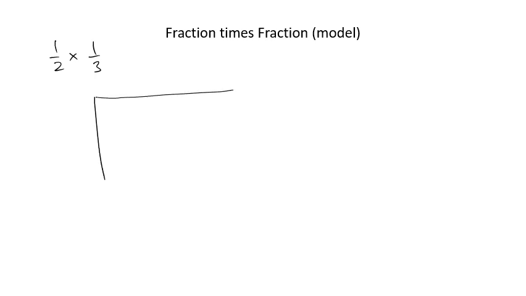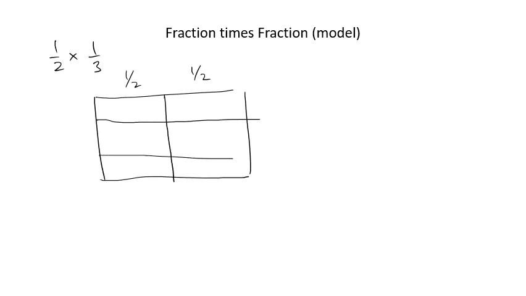So I'm going to draw a rectangle, and I'm going to break it into 1/2 this way, and I'm going to break it into thirds this way. And that doesn't really look an awful lot like thirds. Let me fix that. That's a little bit better. Okay.